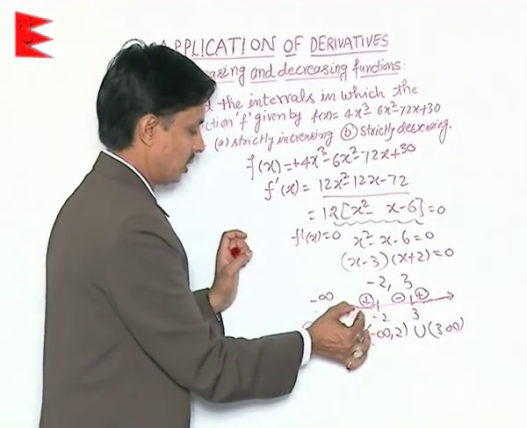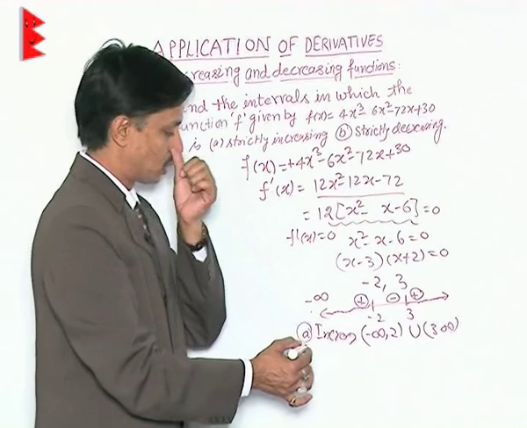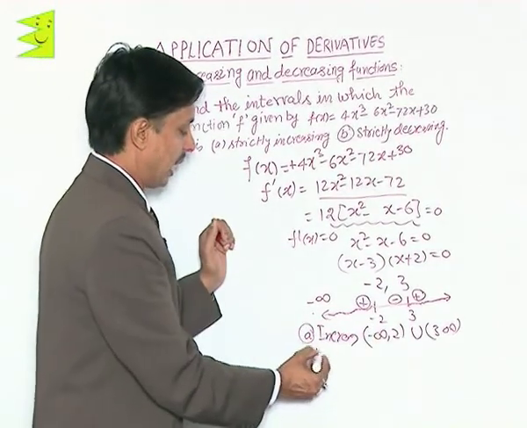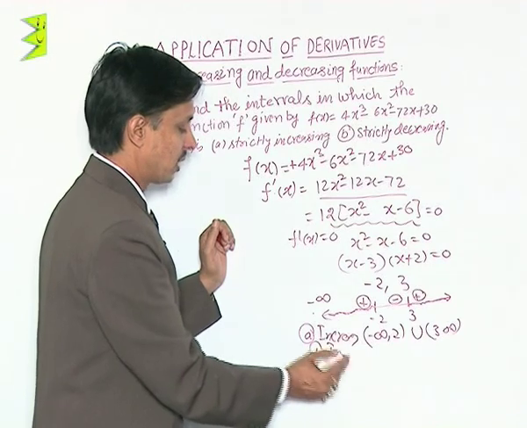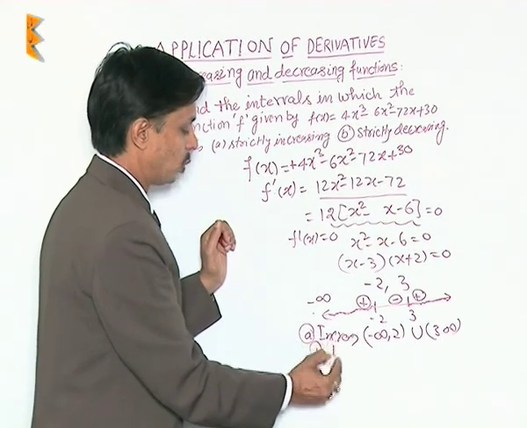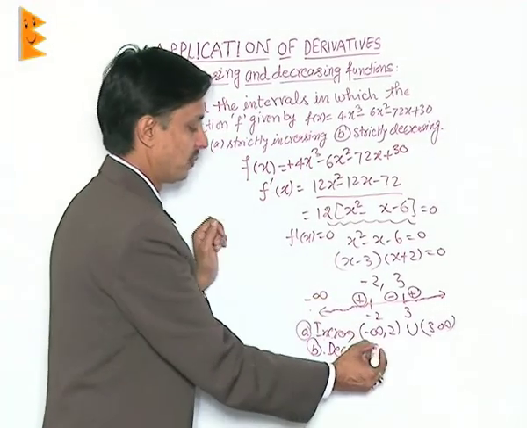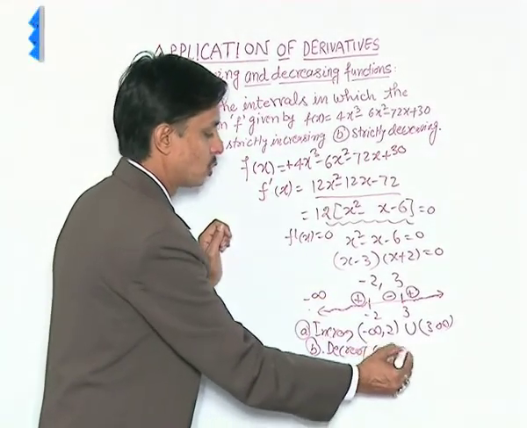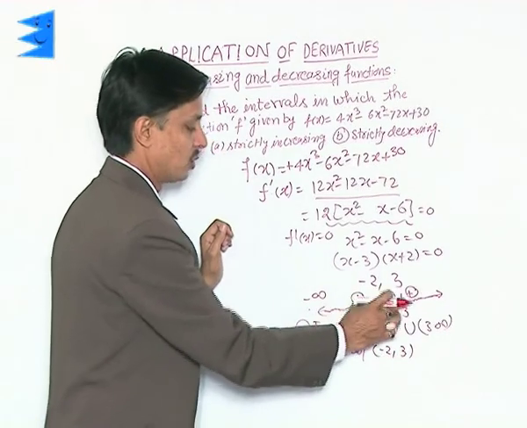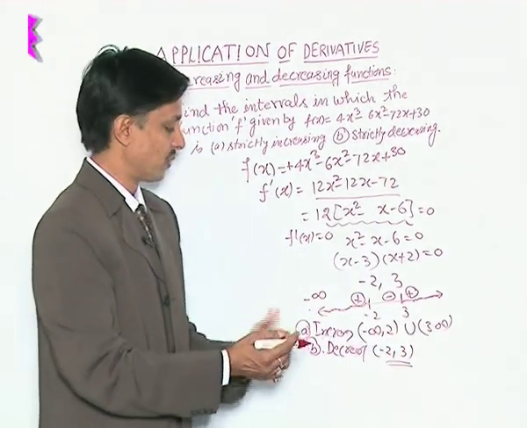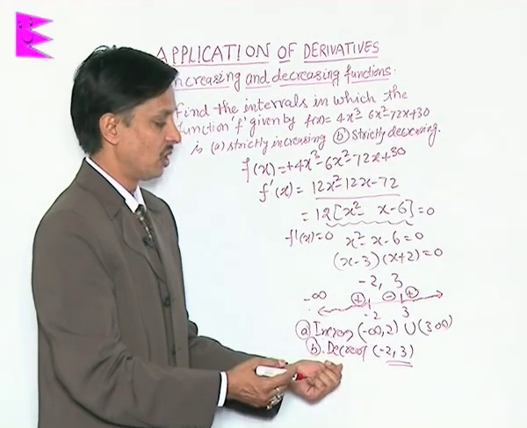So in this much of the area, the function will be considered increasing. And for decreasing, we select the negative zone. So far as decreasing is concerned, it will be -2 to 3. This is -2, this is 3. This is the part of the decreasing zone. Increasing zone, this is the decreasing zone.